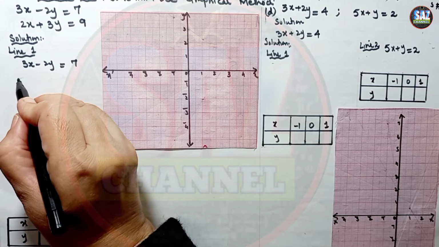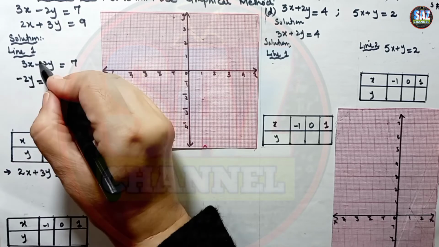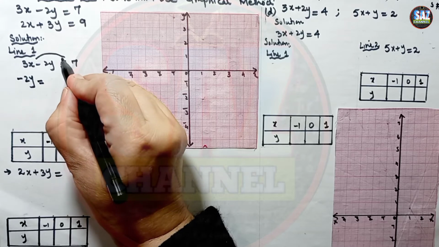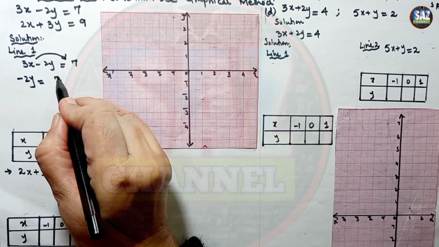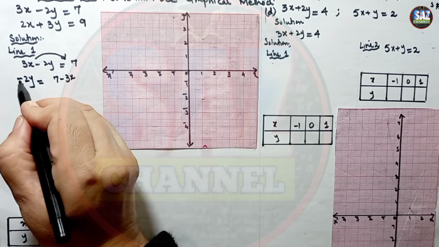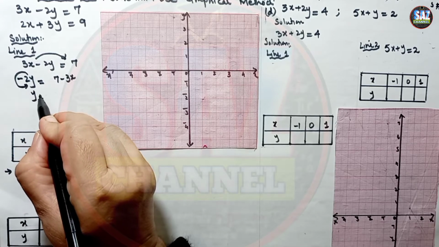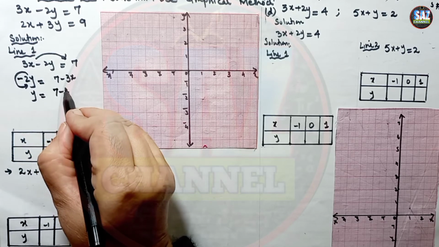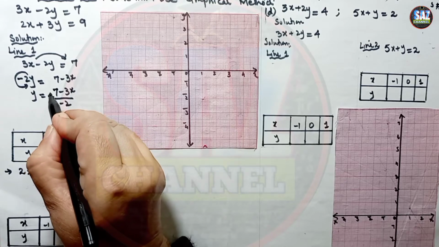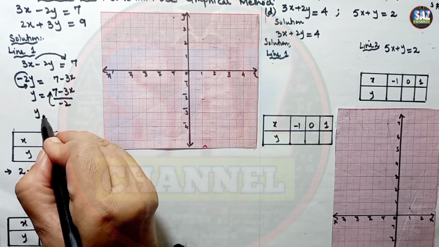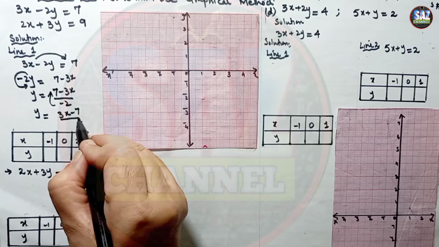In order to do that, I have to shift this 3x to other side by changing the sign, and the equation will take the form 7 minus 3x, and now I have to divide by minus 2 to other side, and equation will take the form y equals to 7 minus 3x by minus 2. Now I have to apply this minus sign on the numerator, and equation will take the form y equals to 3x minus 7 by 2.